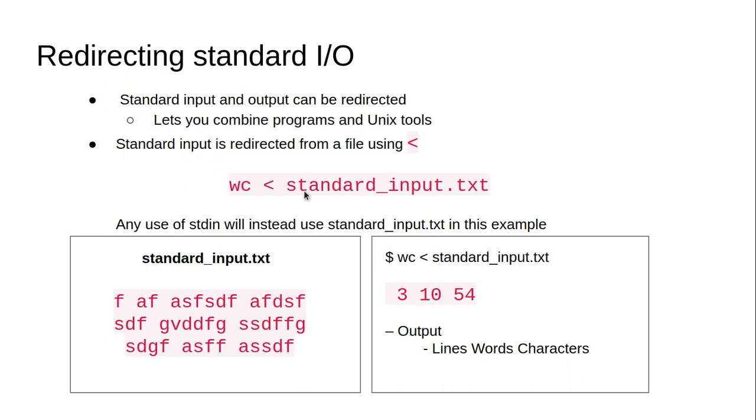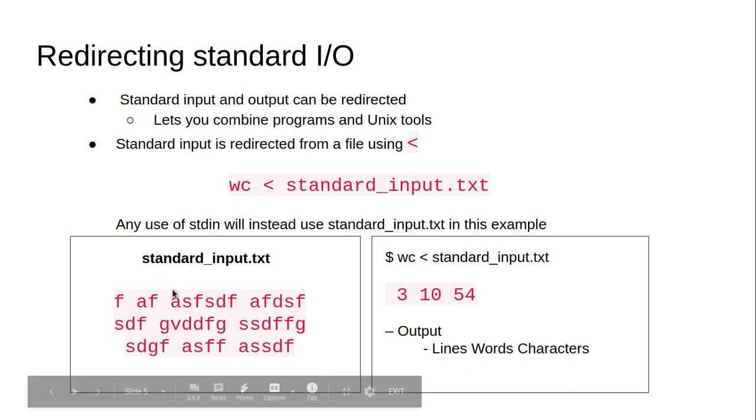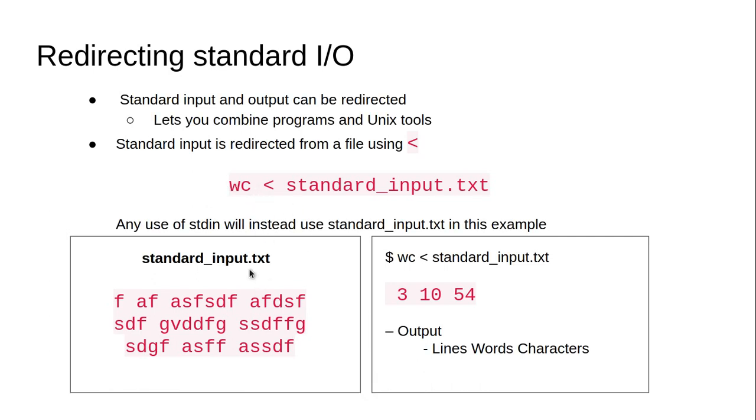Here we used this command, where we are redirecting the input. The standard input is your text file, which contains this particular string. It has 3 lines, 10 different words, and 54 characters in total. If I provide this file to the word count command, it will count the lines, words and characters. So we are redirecting the contents of the file to the word count command.